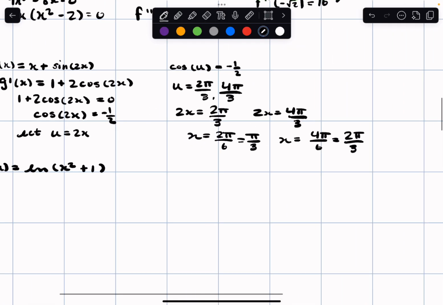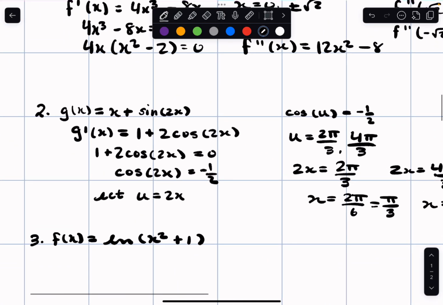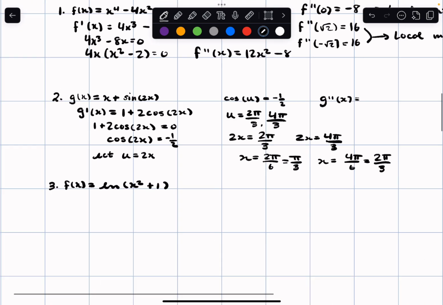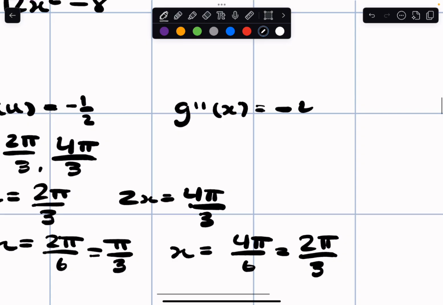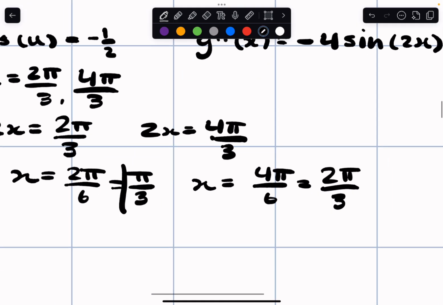Okay, so then I'm going to want to take the second derivative to check it out. So g double prime of x is going to equal negative 4 sine of 2x. And then we'll plug in the x values that we found right here.